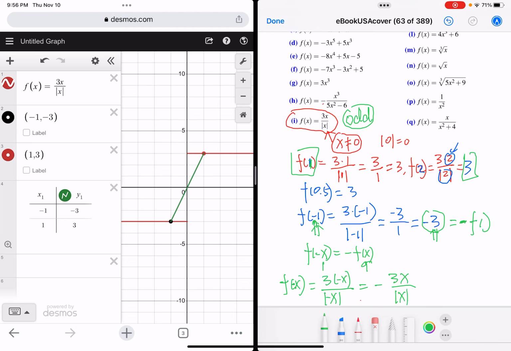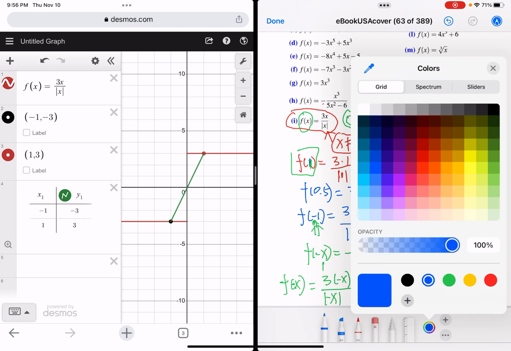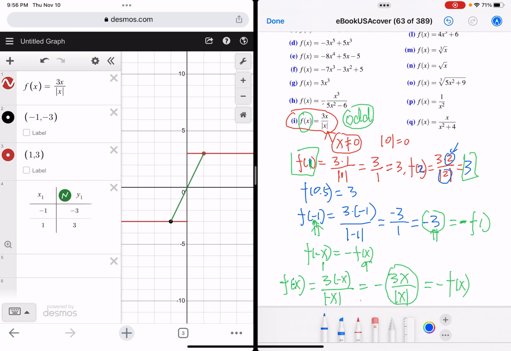And downstairs, the absolute value of negative x equals the absolute value of positive x. And look, what is this? This is exactly our f of x. So you have a negative f of x. Again, this negative sign comes out, right? And here there is no negative sign.